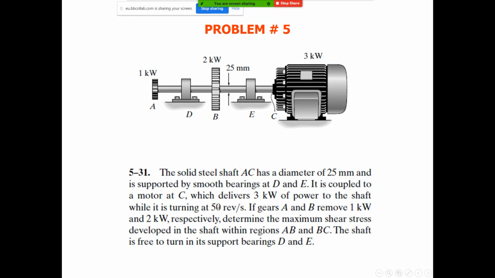What they want from us is to find the maximum shear stress developed in the shaft within the region EBC, and the shaft is free to turn in its support bearing D at E. I will explain to you what is the meaning of that.